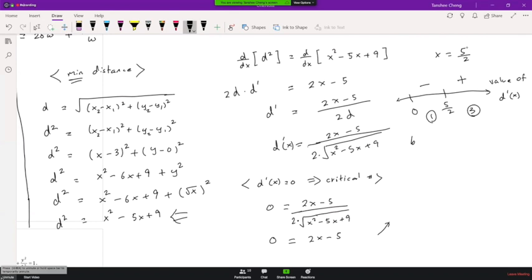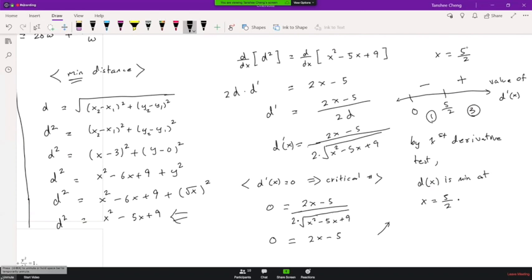So now we can say that by the first derivative test, the distance function g of x is minimum at x equal to 5/2. So that is the justifying part. The critical number that we got is a minimum.